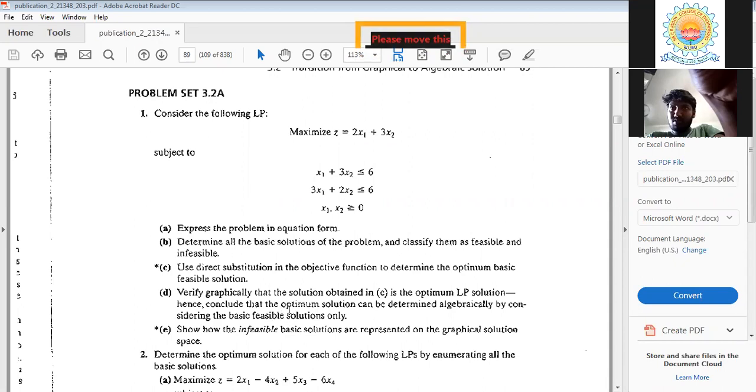Verify graphically that the solution obtained is the optimum LP solution. Hence, conclude that the optimum solution can be determined algebraically by considering the basic feasible solutions only. Show how the feasible solutions are represented on the graphical solution space.